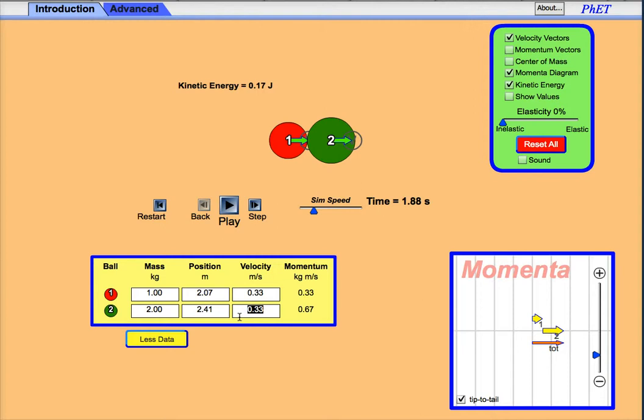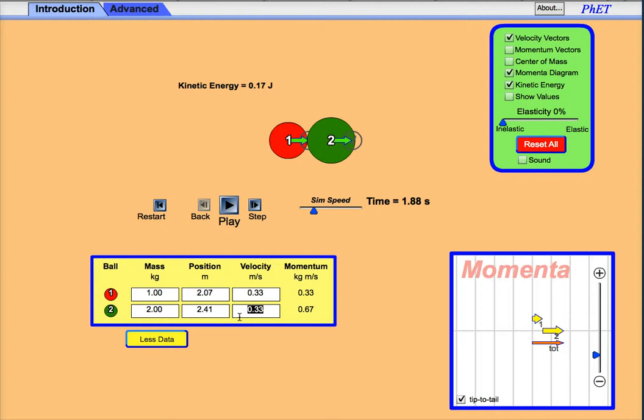Exactly, they are one body in effect. They've stuck together after the collision, and therefore the velocities are the same. And that's what happens in an inelastic collision: the two bodies stick together and move with the same velocity.